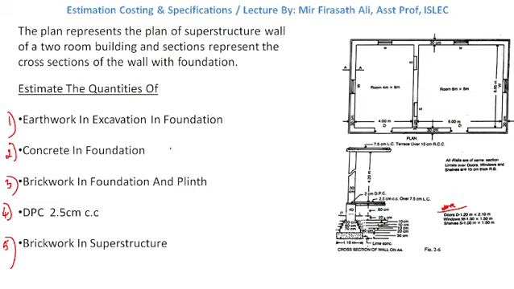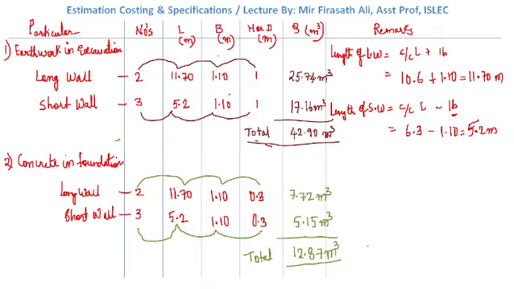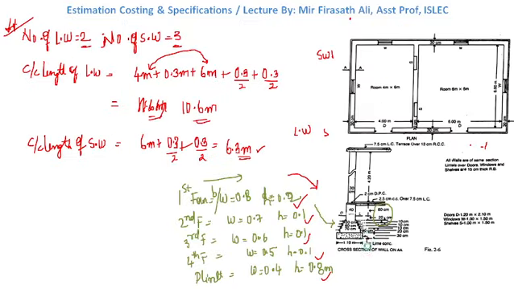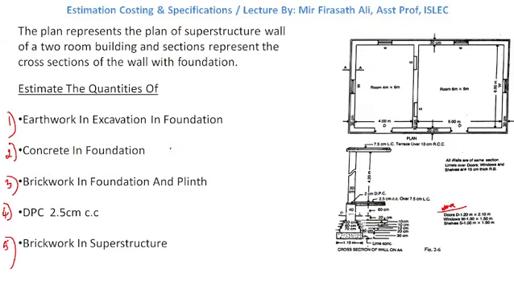In our given question, we have calculated earthwork in excavation in foundation, earthwork concrete in foundation, quantity of concrete in foundation, and quantity of brickwork in foundation and plinth. Let us calculate the remaining two parts, DPC, that is 2.5 centimeter CC, and brickwork in superstructure with deductions, in the next class.